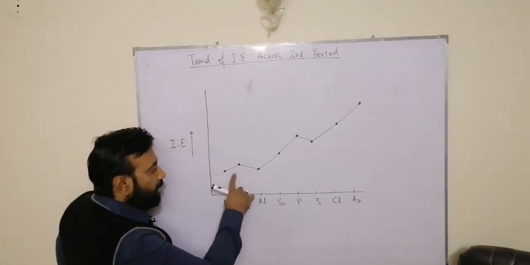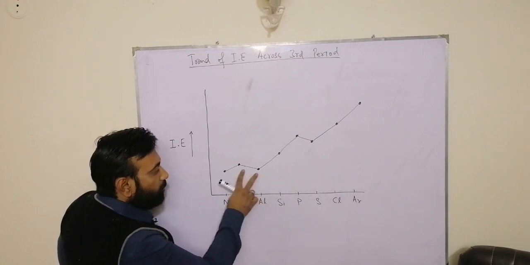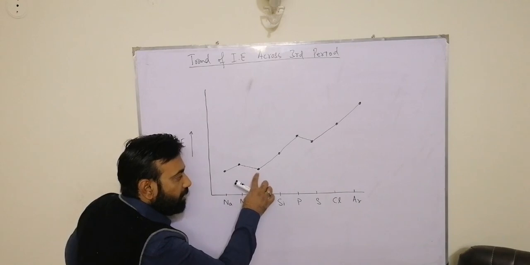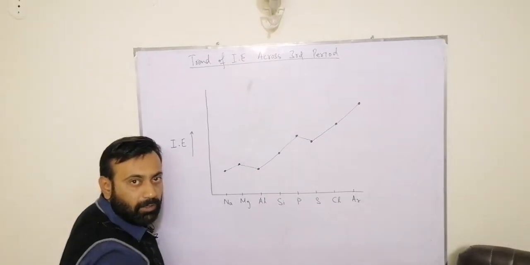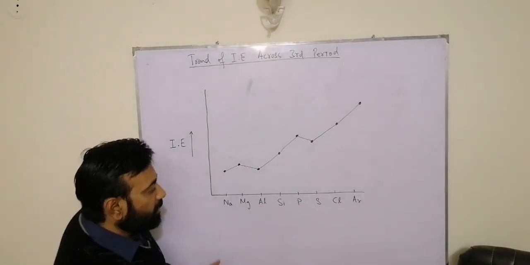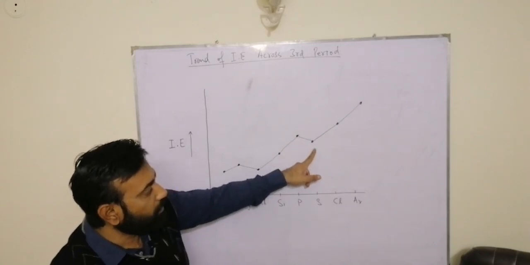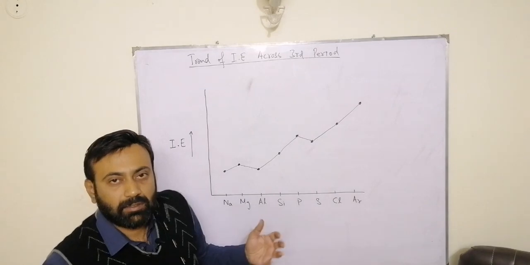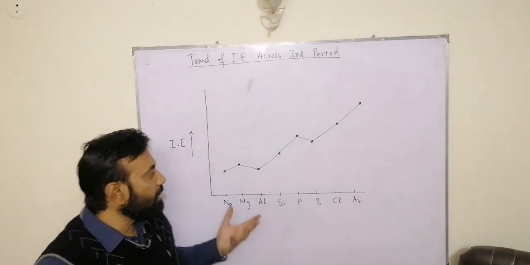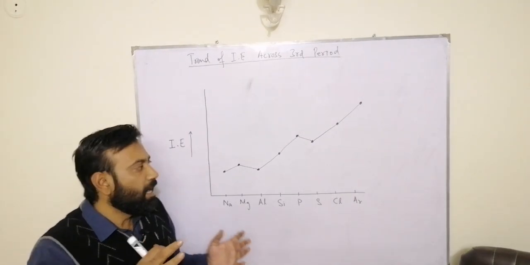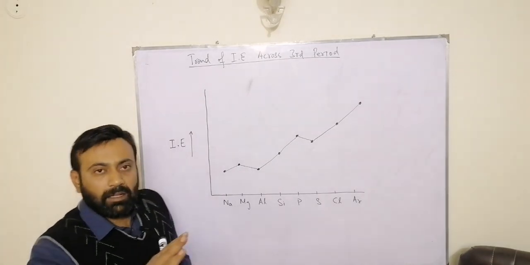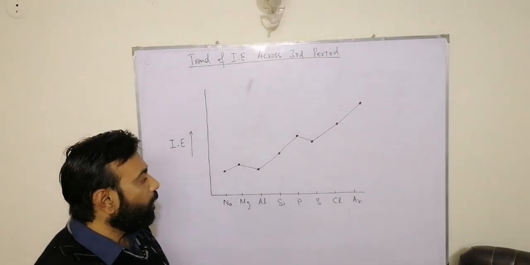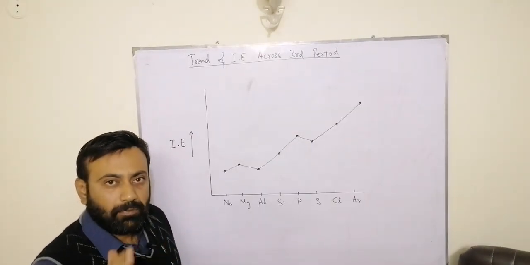When we move from magnesium to aluminium, ionization energy is decreasing instead of increasing. Similarly, when we move from phosphorus to sulfur, the ionization energy of sulfur is less than phosphorus, it's not increasing. So these are the two exceptions. All other elements are following the general trend of increase.